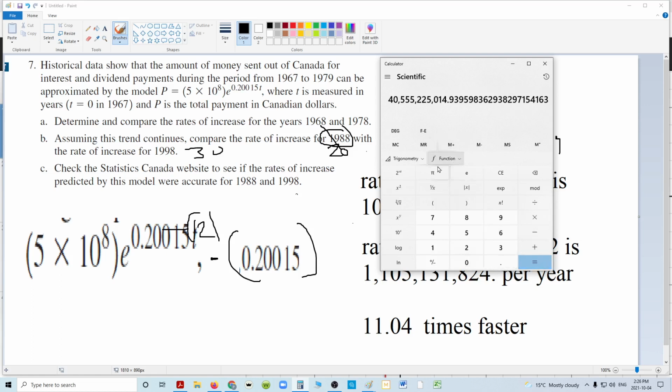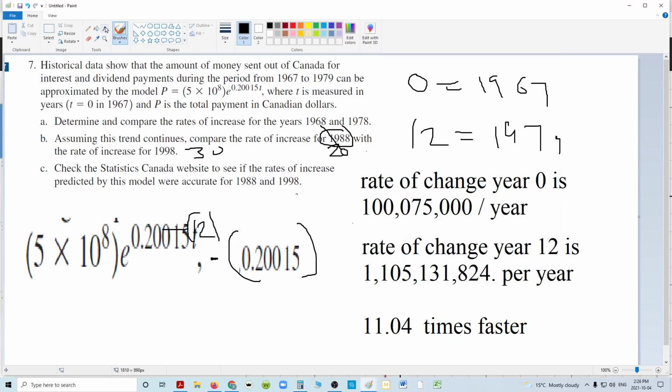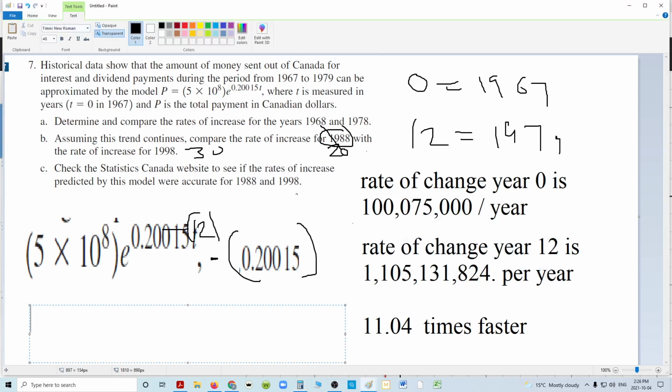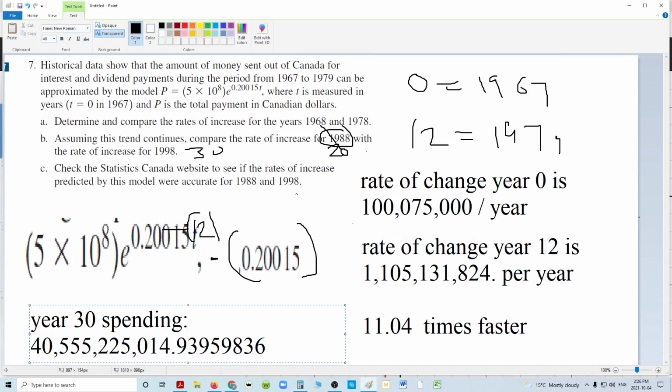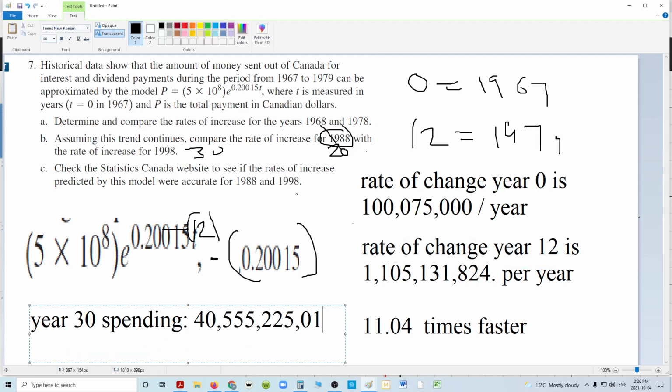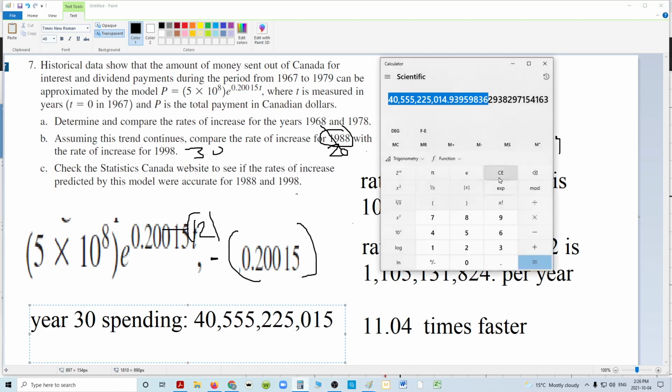And we're going to put that in memory. And actually, we're going to write it down. Year 30, spending that per year. Now we've already put it in memory, so we're going to clear.